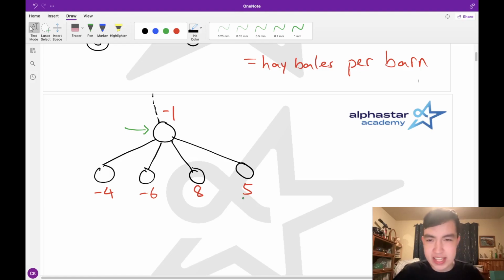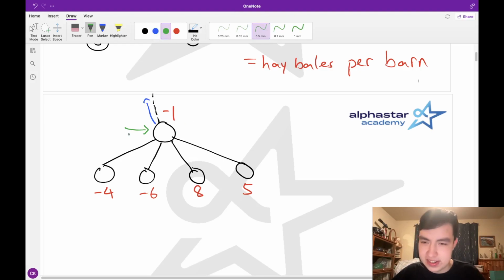So we want to try and distribute these hay bales so that all of these children and this one have 0. And note that we don't have exactly enough hay bales to do this. We might end up with some extra. So those extra ones we'll just send off the tree to its parent, where they can go into some other subtree that's maybe missing some hay bales.